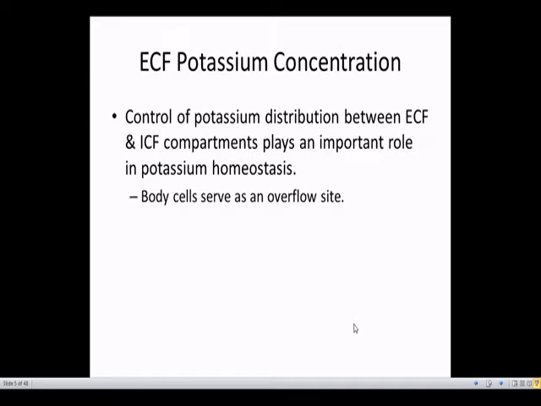Body cells serve as an overflow site for excess extracellular fluid potassium during hyperkalemia, or as a source of potassium during hypokalemia.